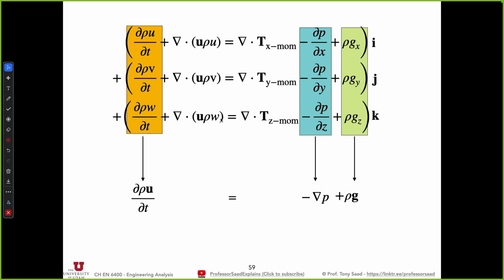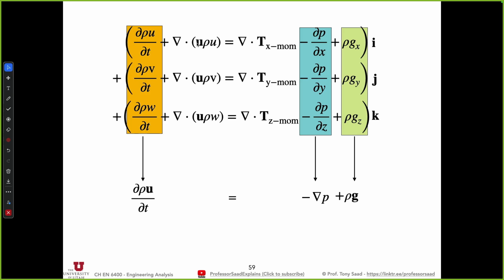Okay, what about these other two terms? They're weird, right? Are they? Well, think about it. Div u rho u is a scalar. And that scalar, although it has a vector in it, is in the i direction. Inside it, there's ijk, but the whole term is in the i direction.